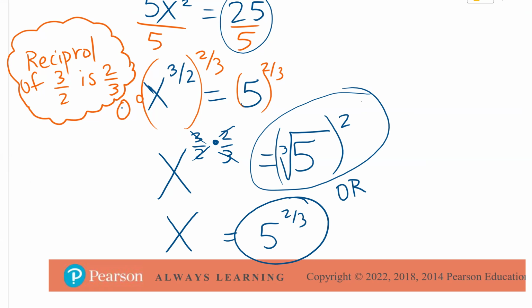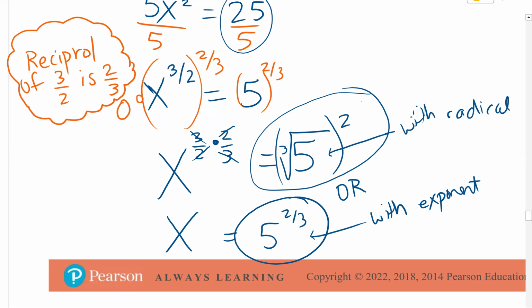They're both fine, whatever you prefer. But in the homework, they might specify. They might say leave your answer with an exponent, or leave your answer with a radical. They'll specify if they want it a certain way. But I don't really care either way. Whatever.